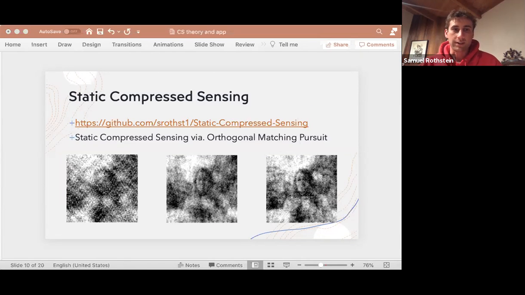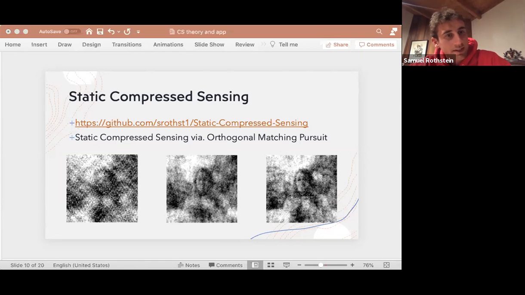All right, I'm really running low on time, but I just want to mention that I did program up a static compressed sensing demo. There isn't much time for me to go through the code with you, but I encourage you to follow this link, check out my GitHub, and download it for yourself. You can run your own images through it and see how they're sampled and exactly how they are reconstructed based on those small samples of the original image.